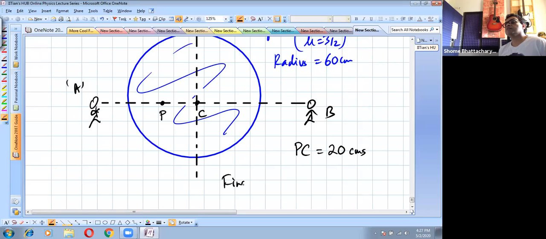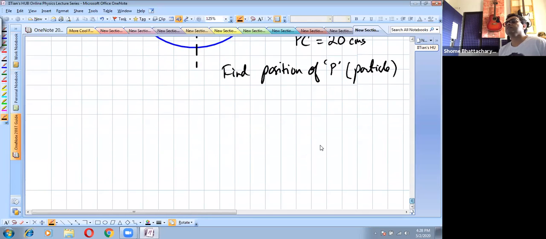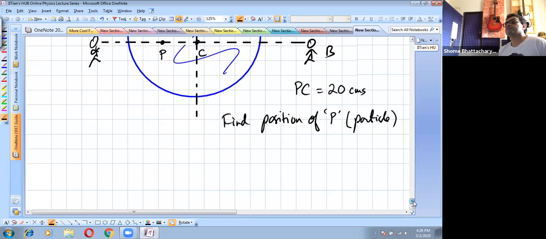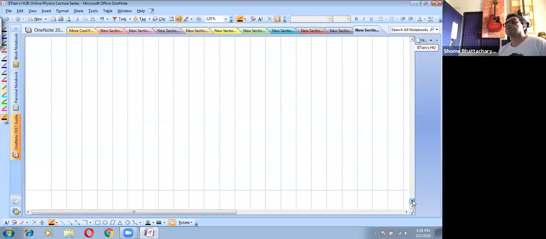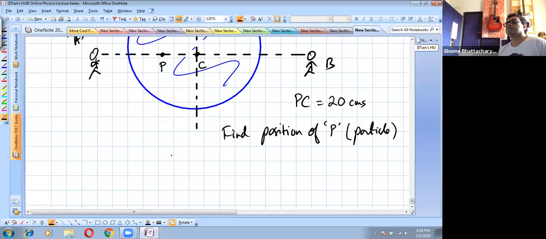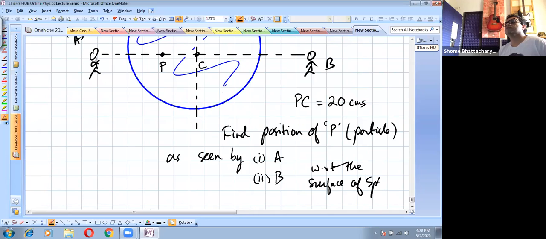So find the position of the point object, or the particle, as seen by observer A and as seen by observer B, with respect to the surface of the sphere.